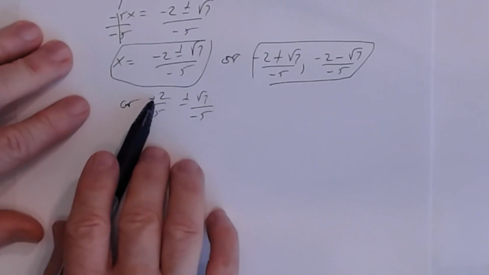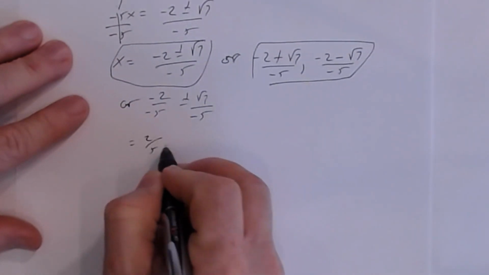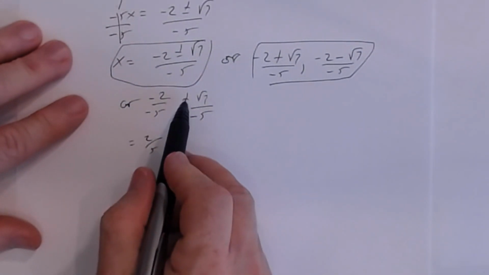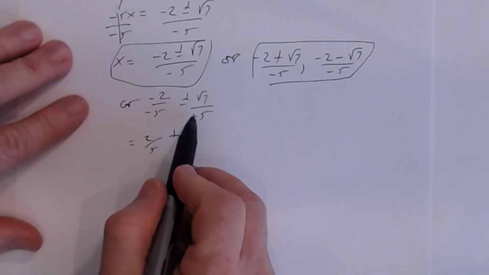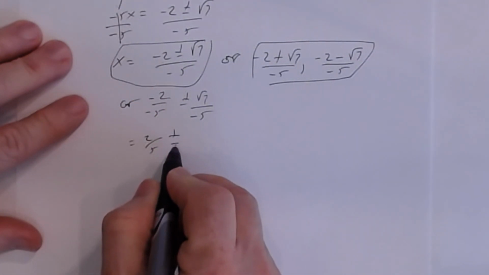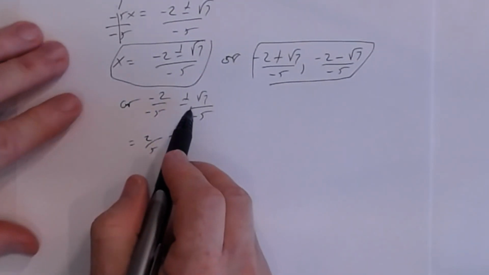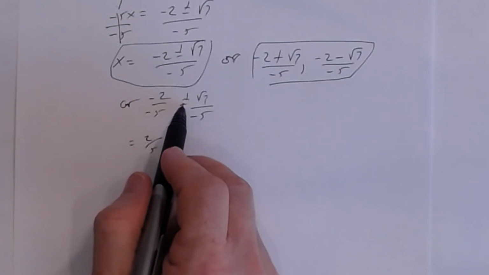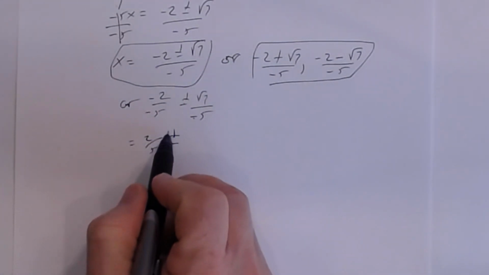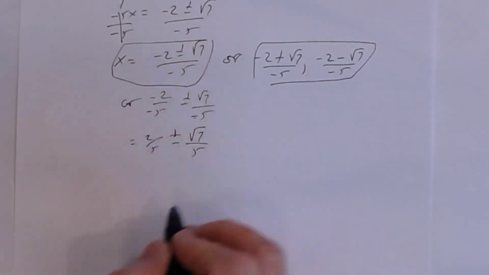Remember, though, a negative divided by negative is a positive, so this is really 2/5. Plus, now be careful. A positive divided by negative is a negative. A negative divided by negative is a positive. So a plus or minus divided by negative is still plus or minus. So this is plus or minus square root of 7 divided by 5.